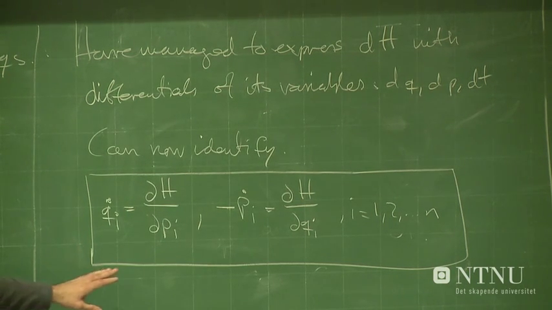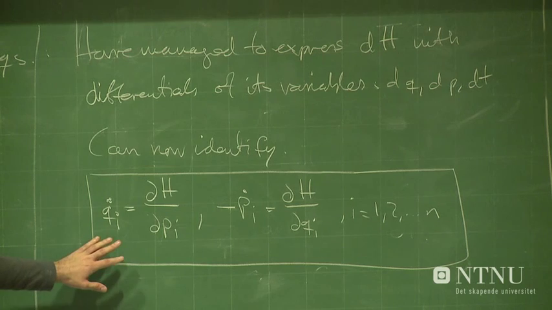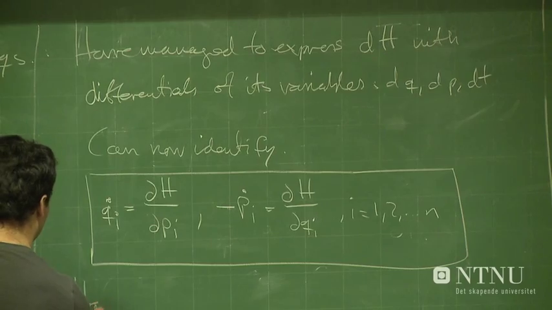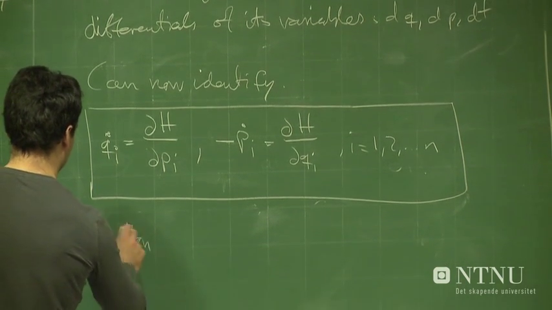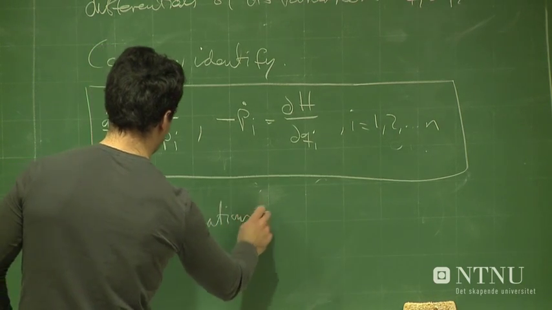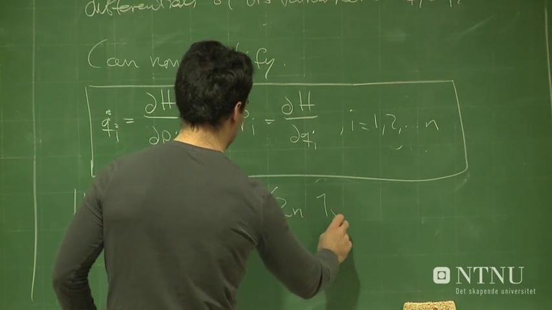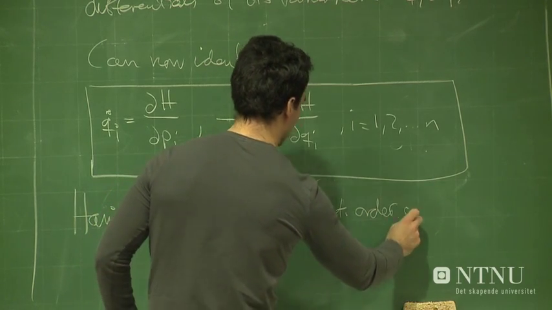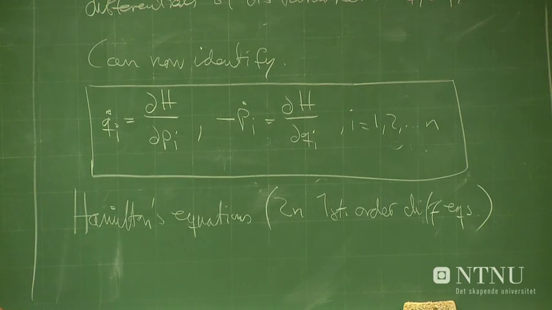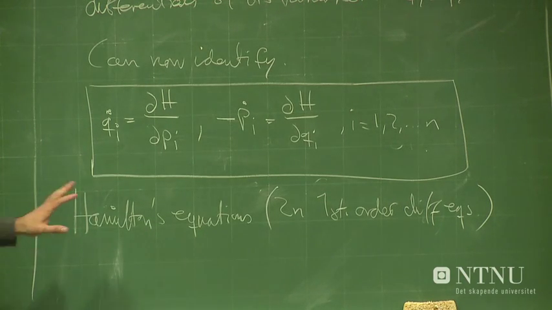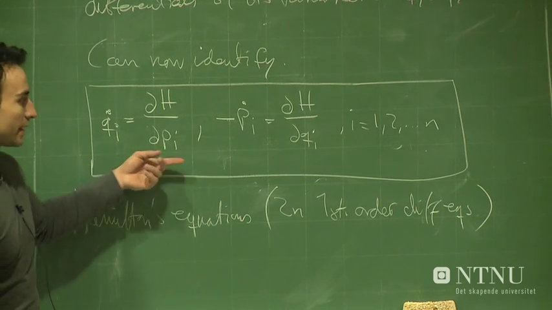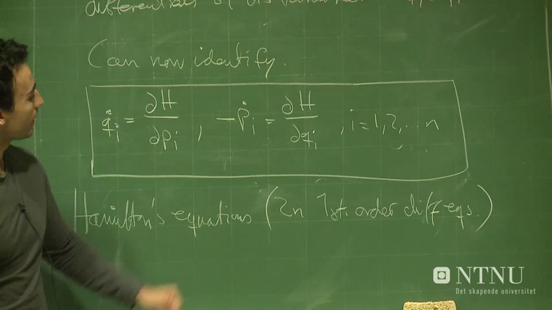And this is the central result in the Hamiltonian formalism. These are Hamilton's equations. And as announced previously, we see we have two n first-order differential equations. n equations here, n equations here, and they're first order.